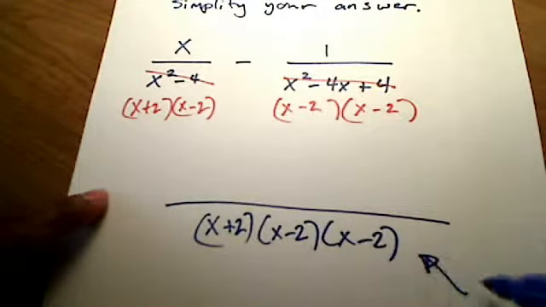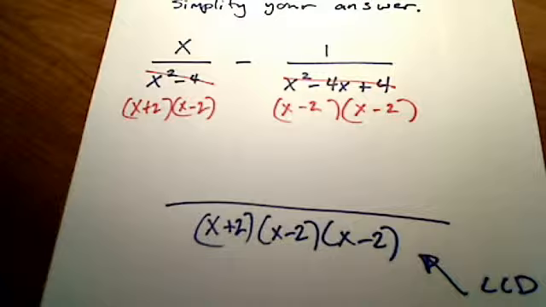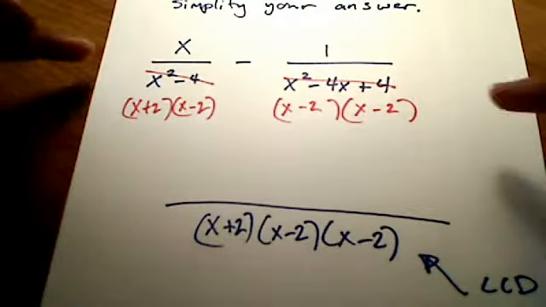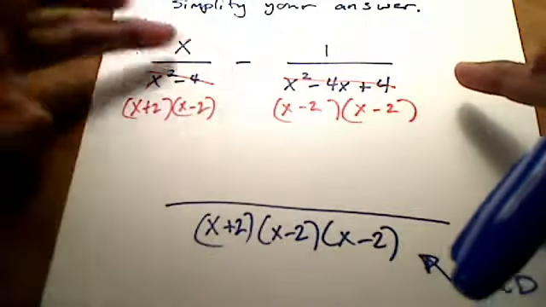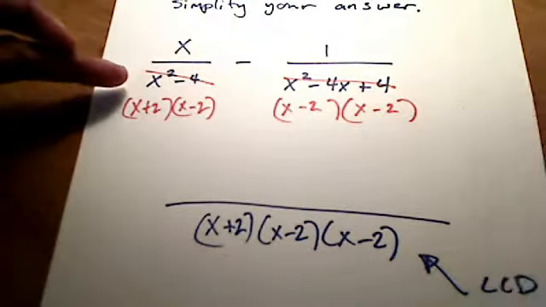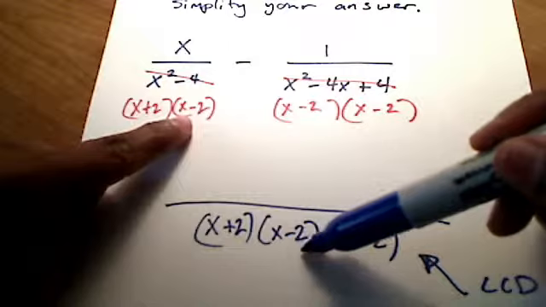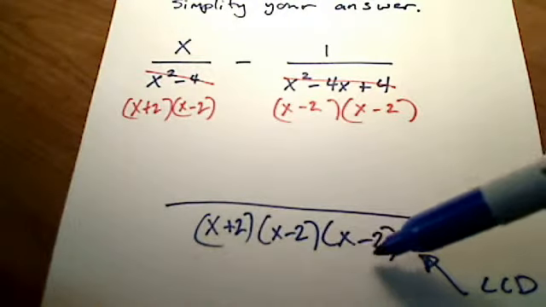Okay, so here is my LCD. Now, the next question you ask yourself, and the process is the same for any adding and subtracting of fractions, is how do I get this denominator, let's work on this one first, how do I get that denominator to look like this LCD? Well, it's already got the plus 2, and it's got one of these x minus 2's, but it's missing one more x minus 2.